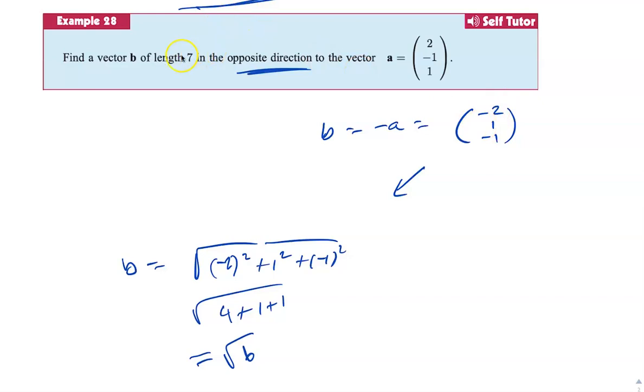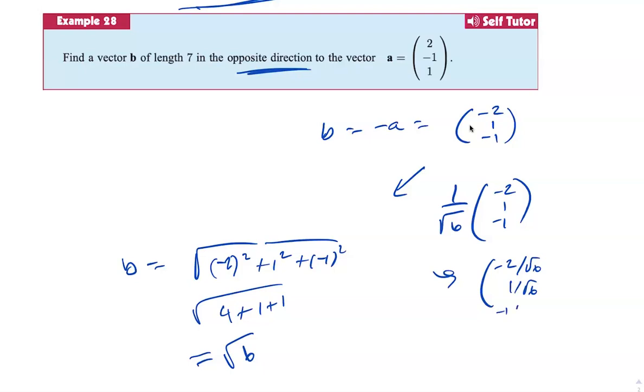But I want it to be a length of 7. So remember the way we talked about it? Just make this a value of 1, and then we're going to times it by 7. So I'm going to find the unit vector by multiplying that by 1 over rad 6. That way it gets negative 2 over rad 6, 1 over rad 6, and negative 1 over rad 6. So that's the unit vector, right?